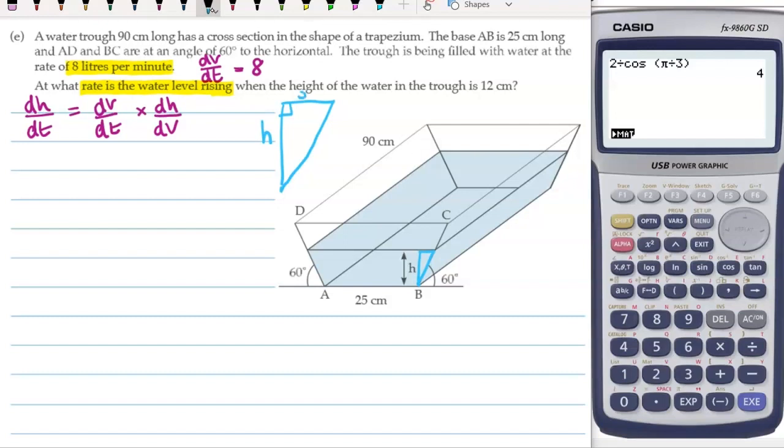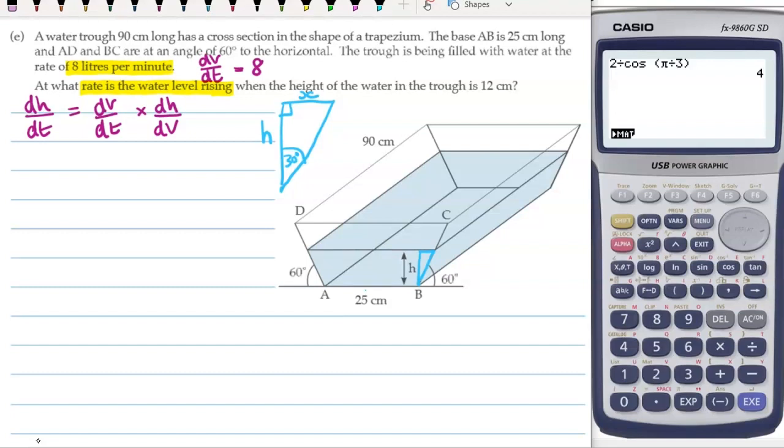Let's call this width there an x. This angle here would be 30 degrees. Now the reason we're doing this is so we can find the full length of this piece just here, because we've got 25 here. We need to be able to add those two sides together for part of the formula for finding the area of a trapezium.